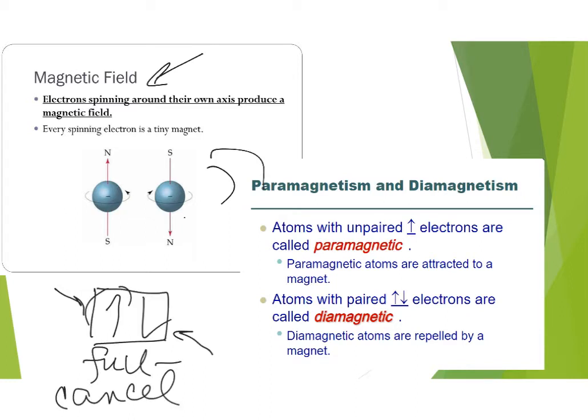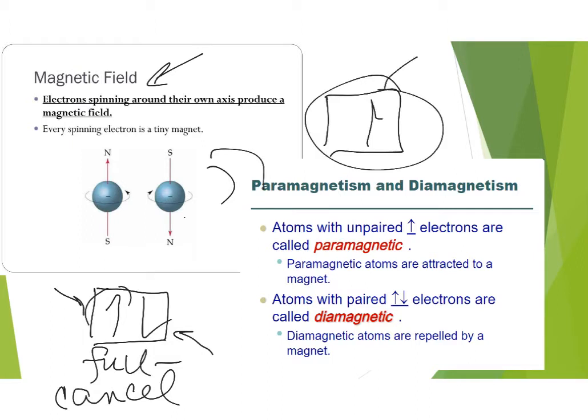So it's like wave interference. If you have an orbital, on the other hand, that only has one electron in it, that is going to emit a magnetic field, which is going to be attracted to something else that's magnetic.